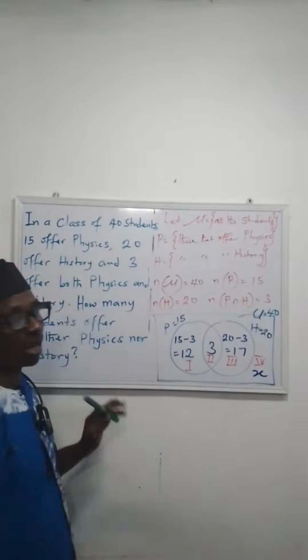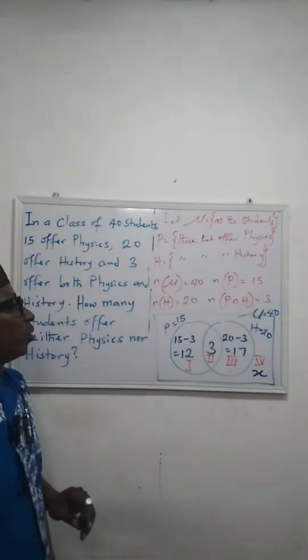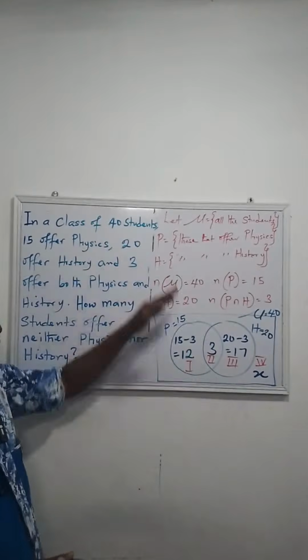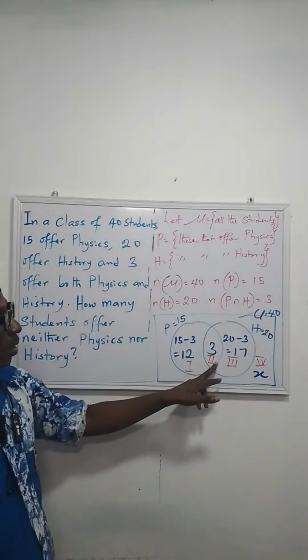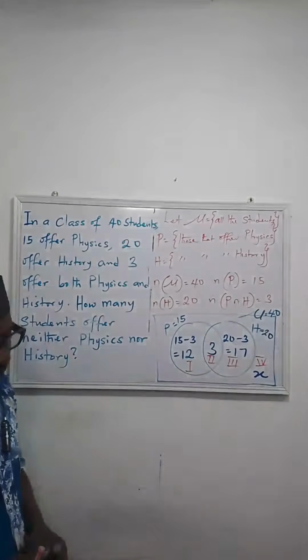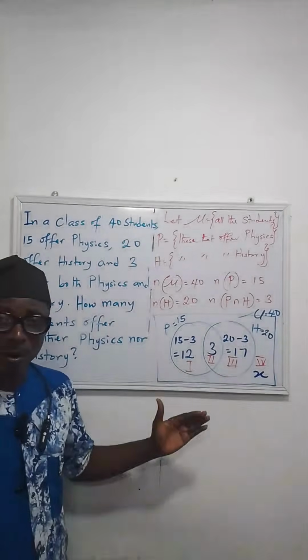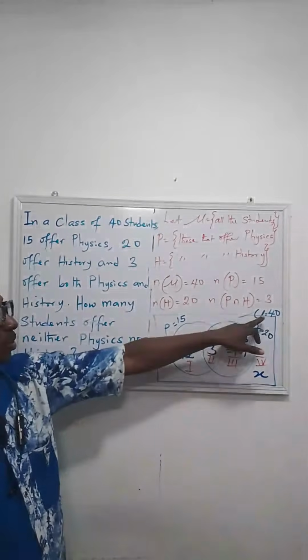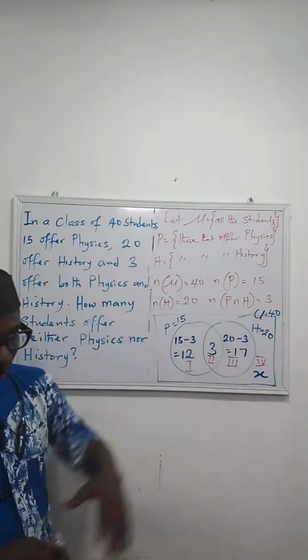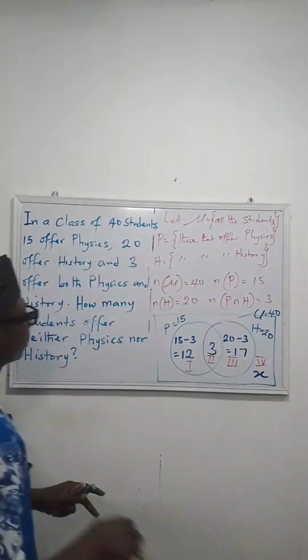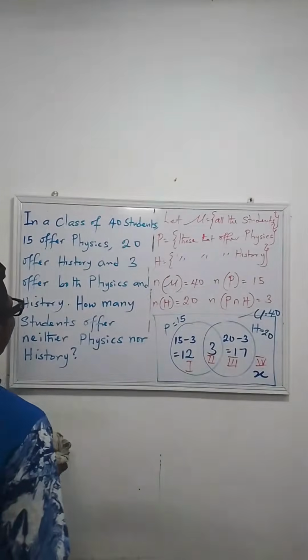So we just have 4 parts there. So among all these students, you can either be here or here or here or outside. All right. So once we add all the students together, we must have 40. All right. So now can we go ahead and do that? Let's see what we're going to have.